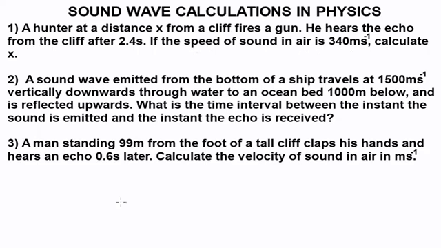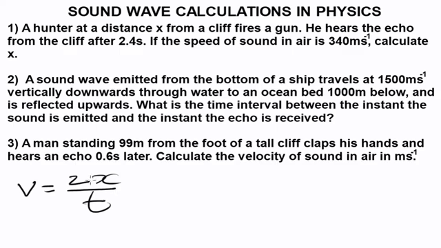Now let's take note of this formula for calculating sound wave in air. This is the formula for velocity: v equals 2 times distance over t, where t is our time and x is our distance. From this question, let's bring out our parameters.